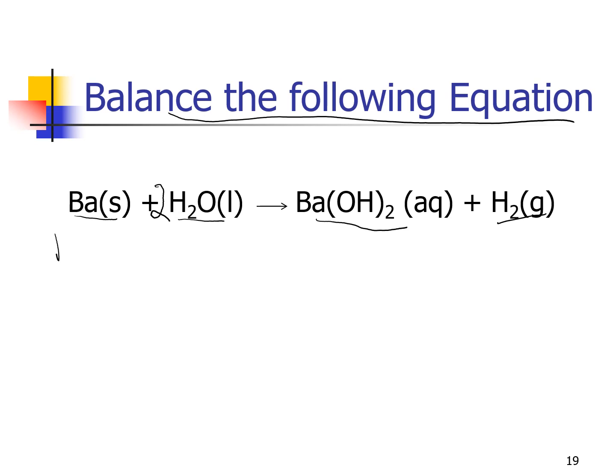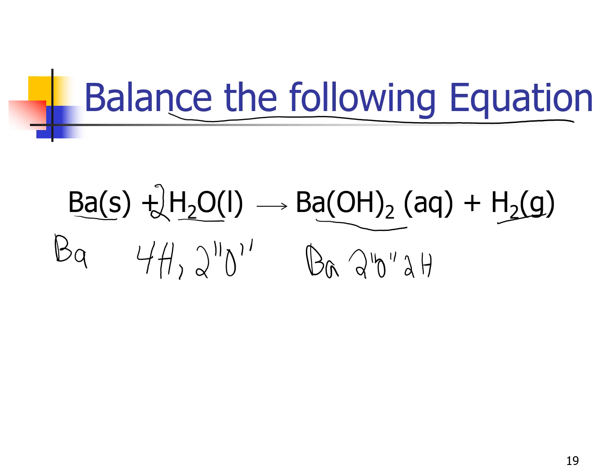So in barium we have 1. In 2 molecules of water we have 2 times 2 for the hydrogens. We have 4 hydrogens, and then 2 oxygens for 2 molecules of water. And in the products we have a barium, and then a subscript outside of the parentheses means multiply by everything on the inside. So that means we have 2 oxygens and 2 hydrogens, because again this means 2 hydroxide ions.